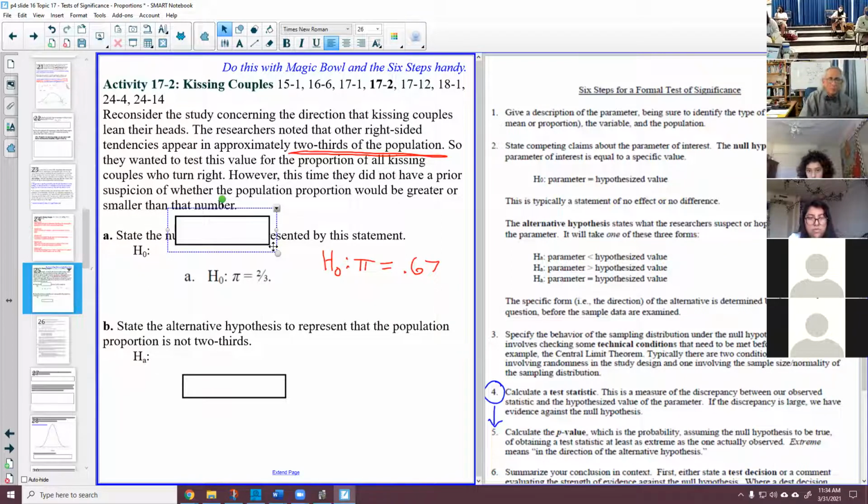Okay. Well, I want the alternative hypothesis to represent that the population proportion is not 2/3. So looking at my three options here, there's a mistake on my options.